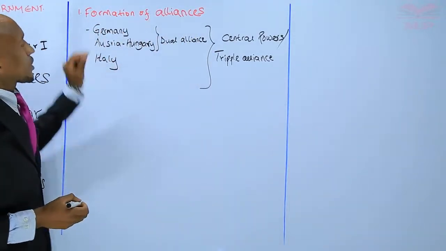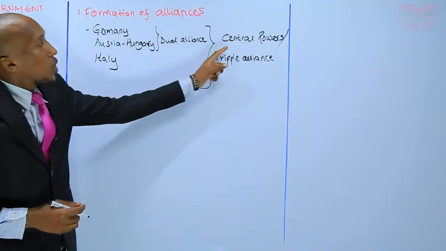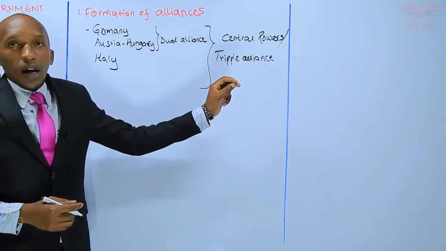So these three countries came together to form a group which was referred to as Central Powers or Triple Alliance.